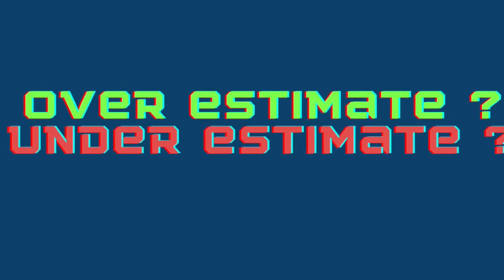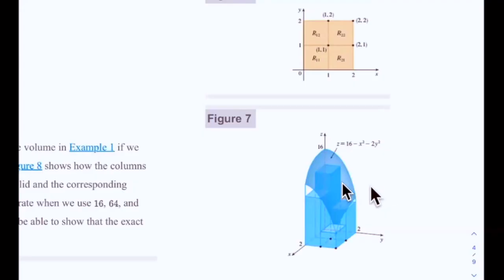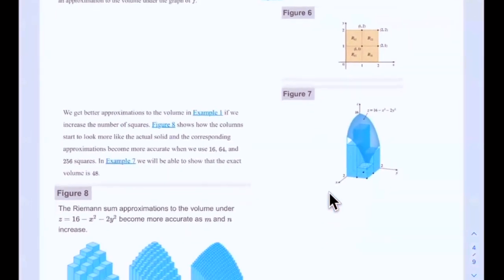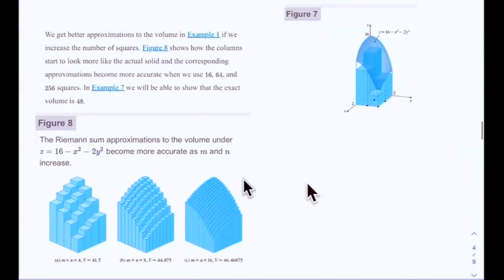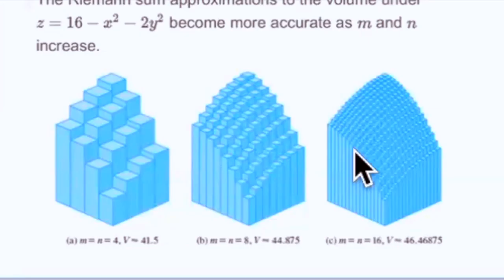Underestimate, right? Because you have space right here, because the function is actually above those boxes. Good. And as you can see, if you make the subrectangles finer, it approaches the volume under the surface.